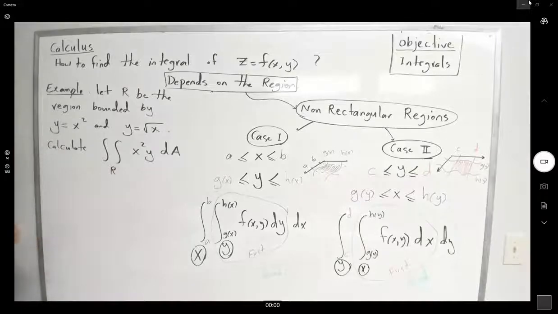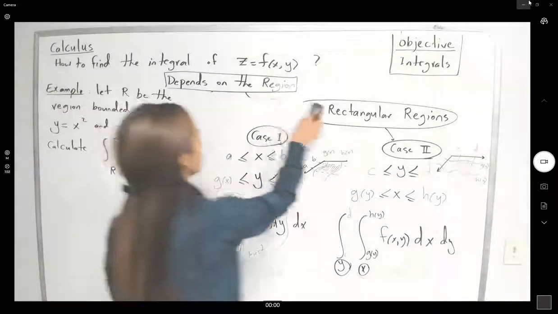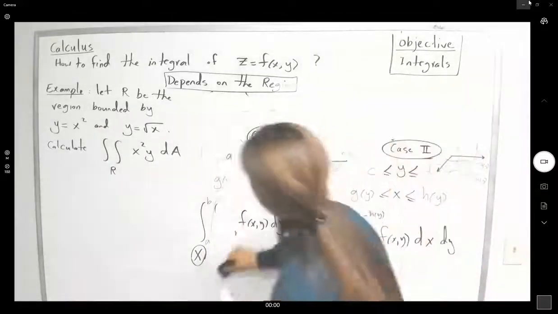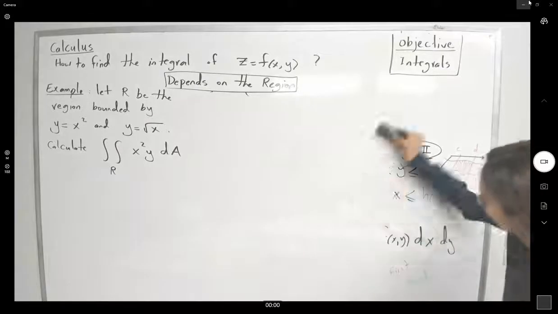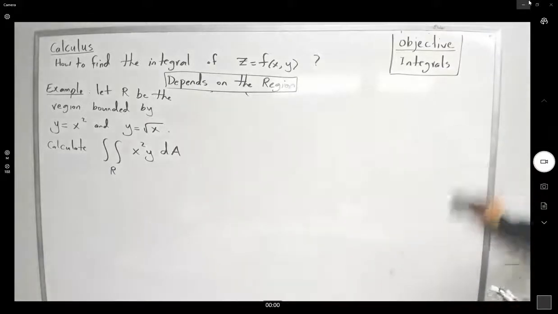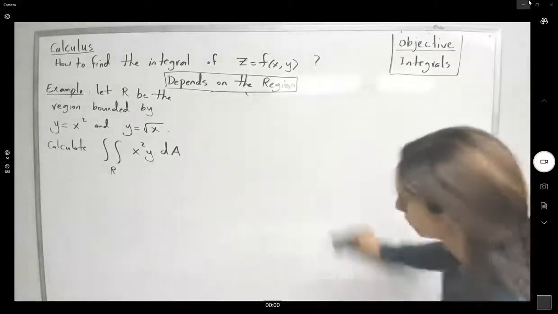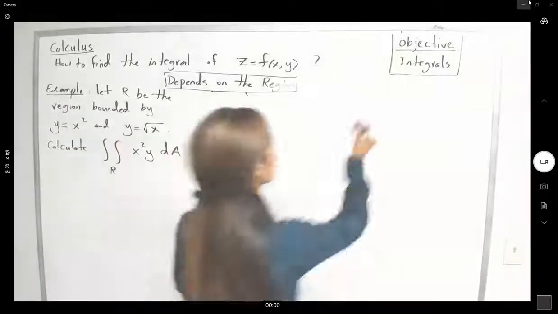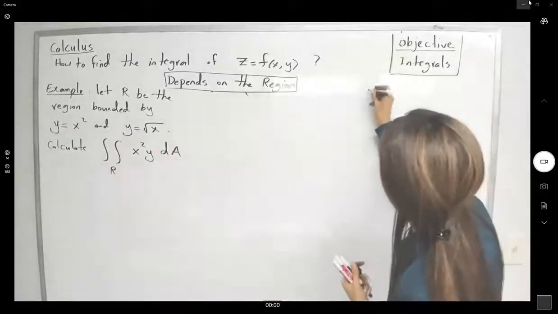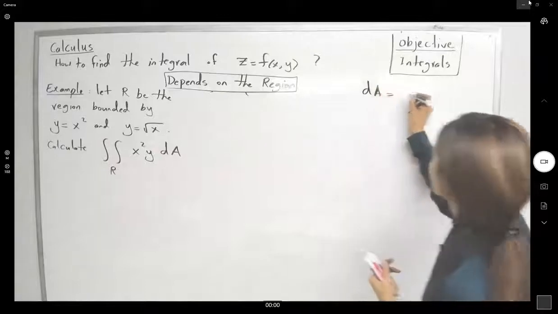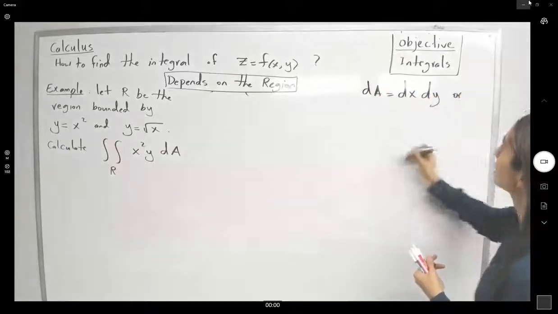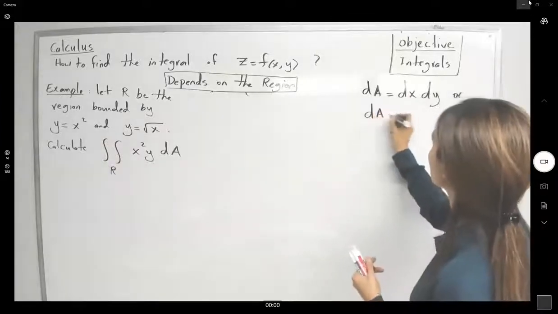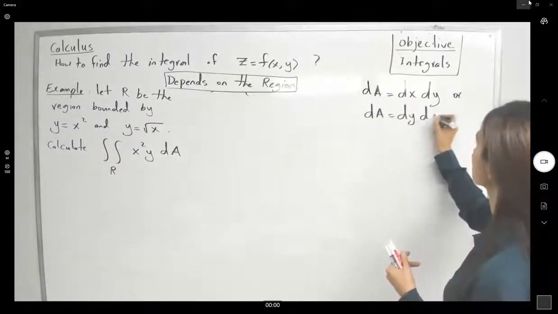So let me erase this part of the board. I need more space. Note that dA can be interpreted as dx times dy, or dA can be interpreted as dy dx.